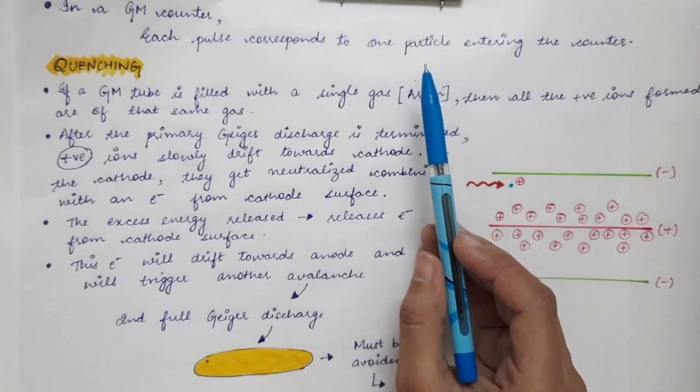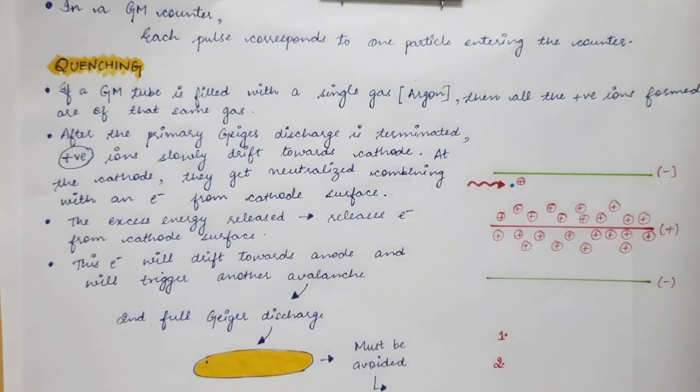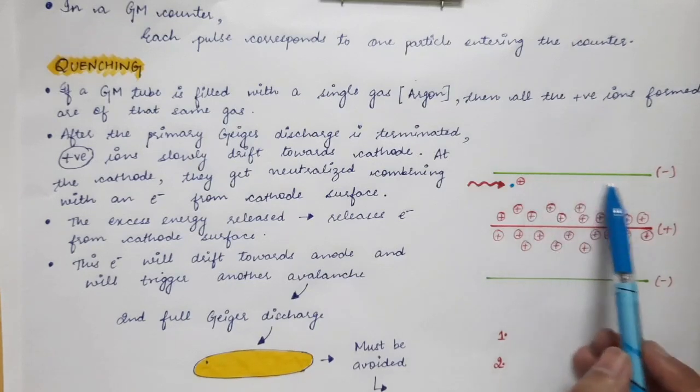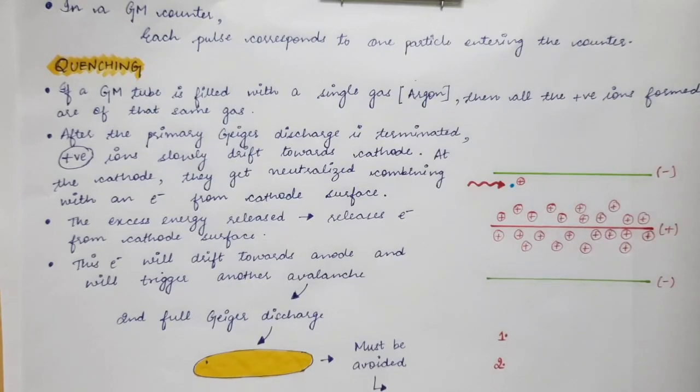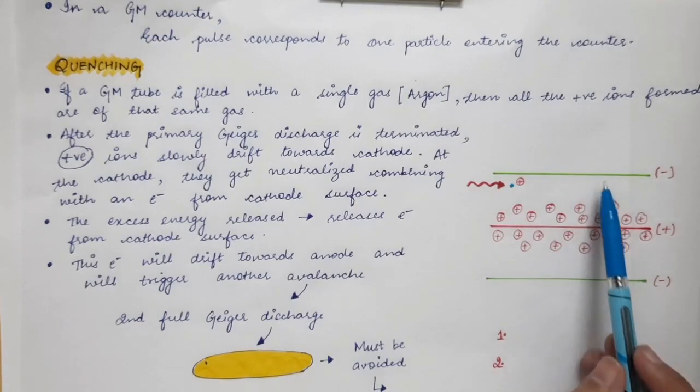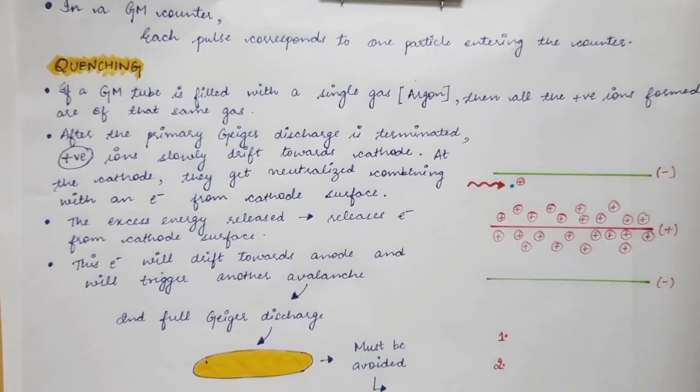Those electrons will start drifting towards the anode, and since a high voltage is applied to this GM tube, a high electric field is present between cathode and anode, due to which the electrons gain more kinetic energy and start making the Townsend avalanche. One avalanche triggers another avalanche in the case of a GM tube. So this is called Geiger discharge.